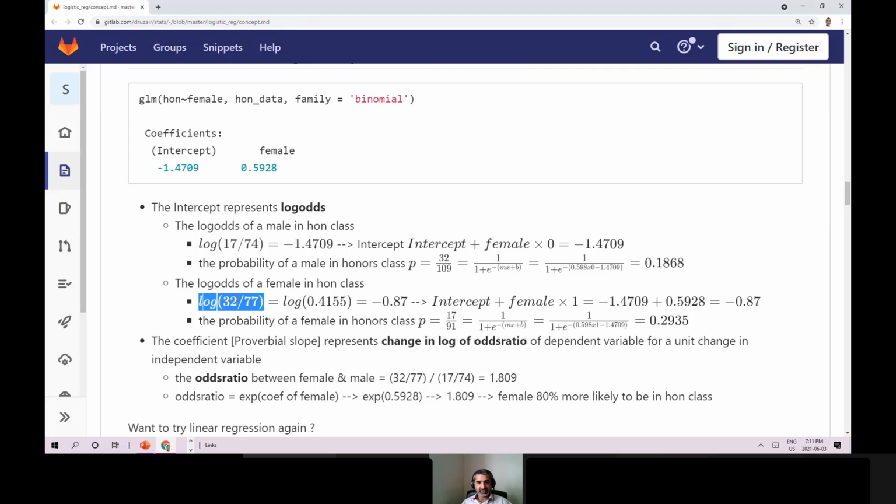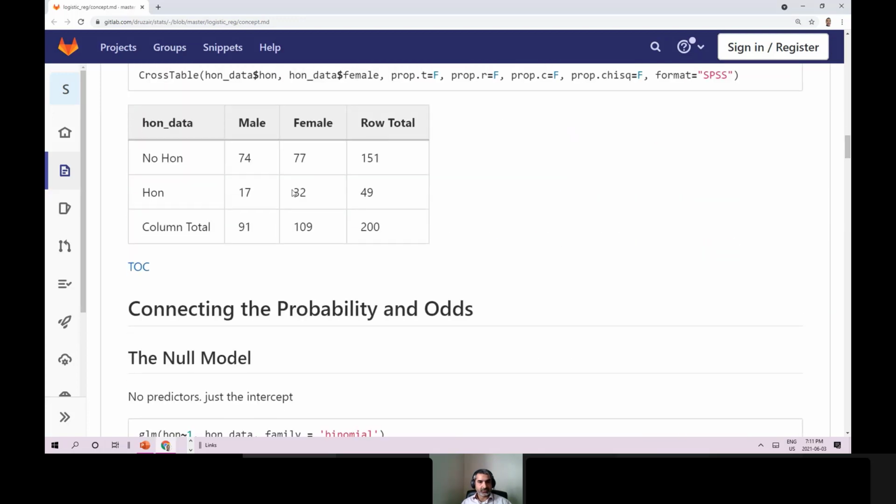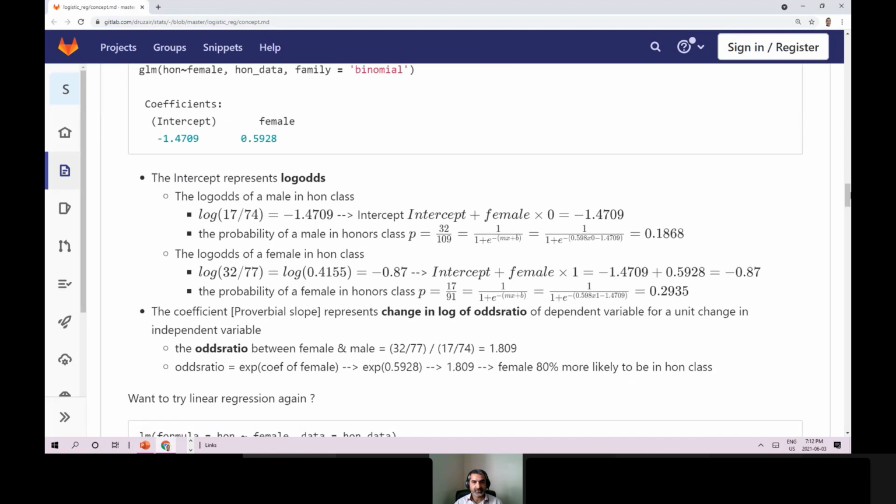So we can verify this with the data set. For female in honors class, if you want to calculate the log of odds, P over 1 minus P, the probability will be 32 divided by 109 and 77 divided by 109, P over 1 minus P. That number we should reach through the logistic regression solution, and that number is 0.59 that we get here.